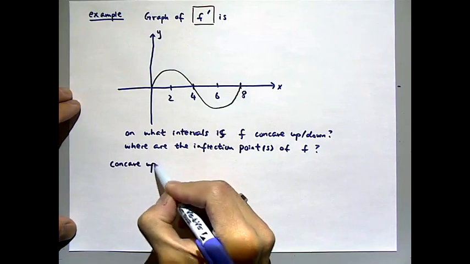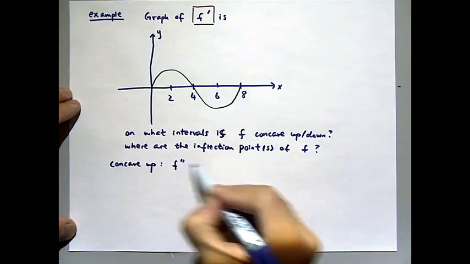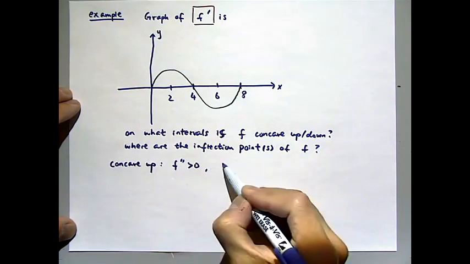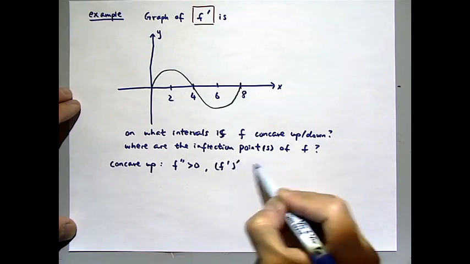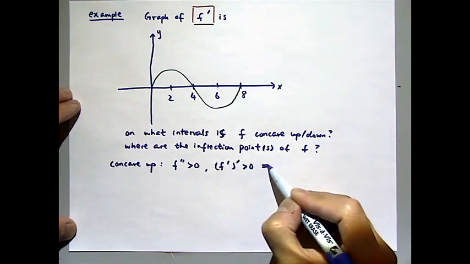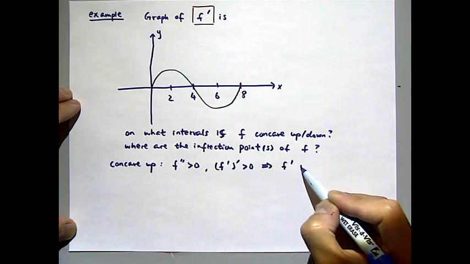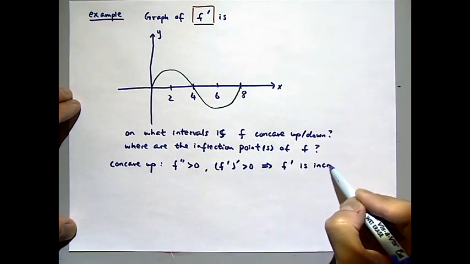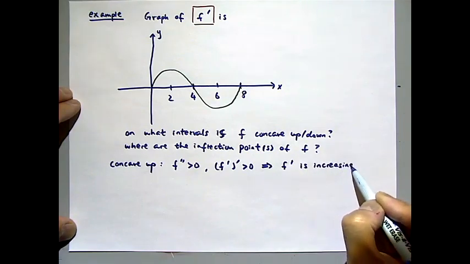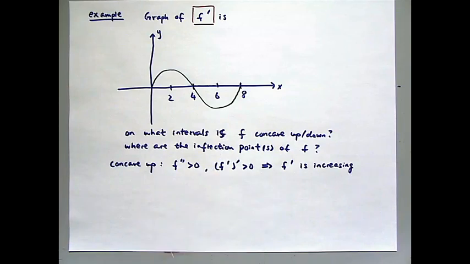I'll write down what I just said. Concave upward happens whenever f prime is increasing.